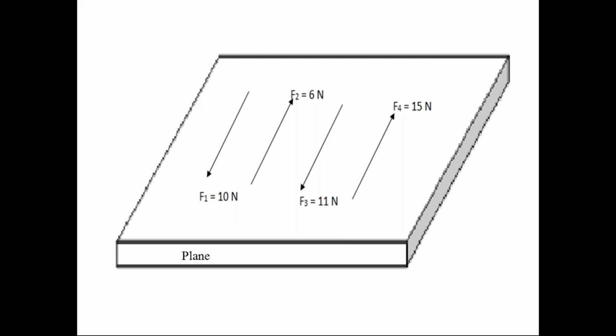In the coplanar parallel unlike force system, the forces act on the same plane, parallel to each other, but in different directions. Since they are acting in different directions, we call it the coplanar parallel unlike force system. This is the third force system we discussed, the coplanar parallel force system.